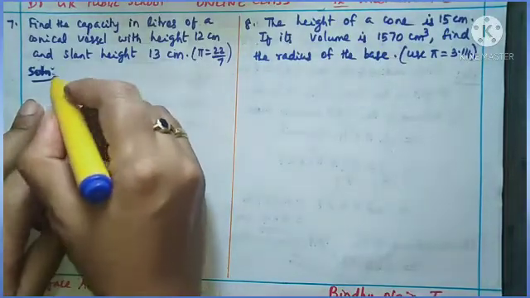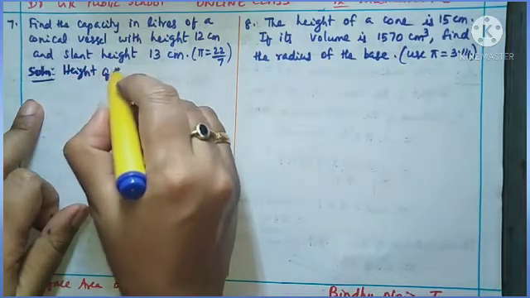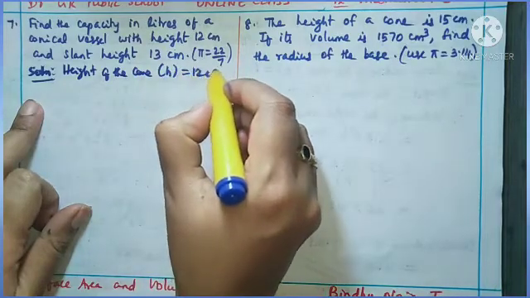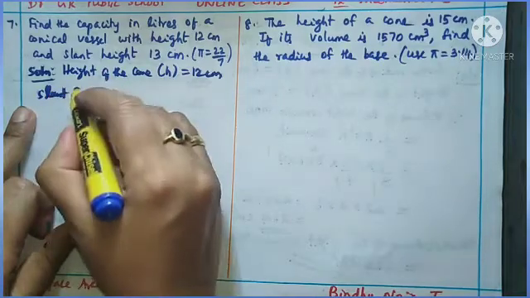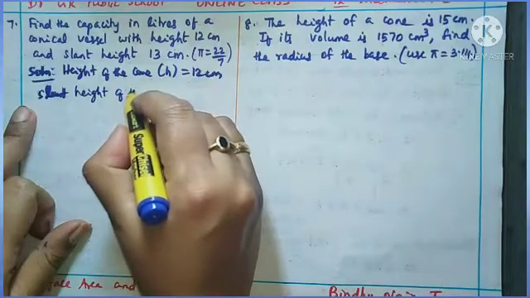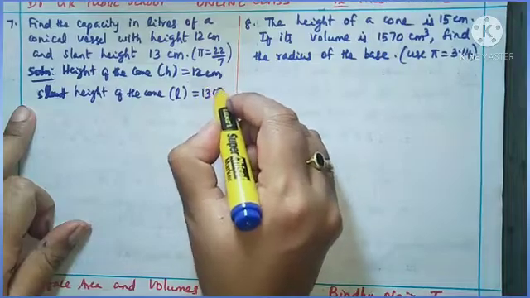So first we can write the height of the cone, h, given 12 centimeter. Also the slant height of the cone is given, L equal to 13 centimeter.